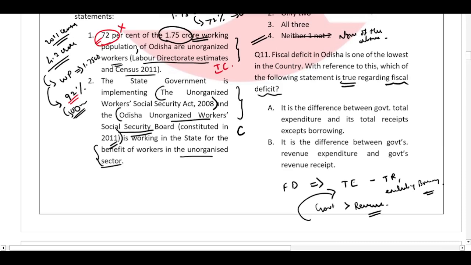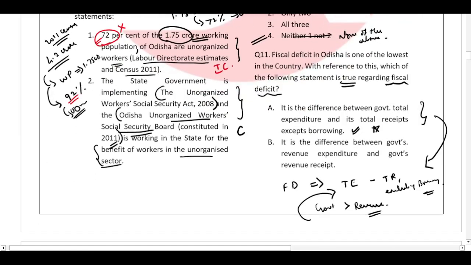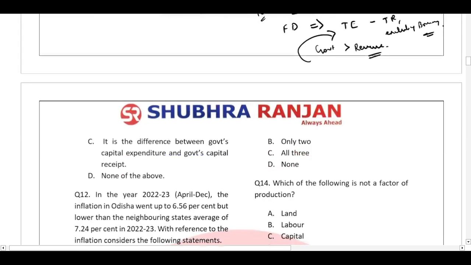It is a difference between government's total expenditure and the total receipts except the borrowing. So this statement is exactly syncing with our discussion. So this is correct as of now. Let's keep it on hold. It is the difference between government's revenue expenditure and revenue receipt. The difference between revenue expenditure and revenue receipt is revenue deficit, not fiscal deficit.